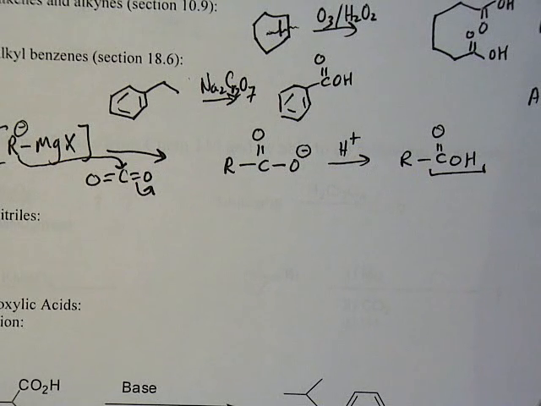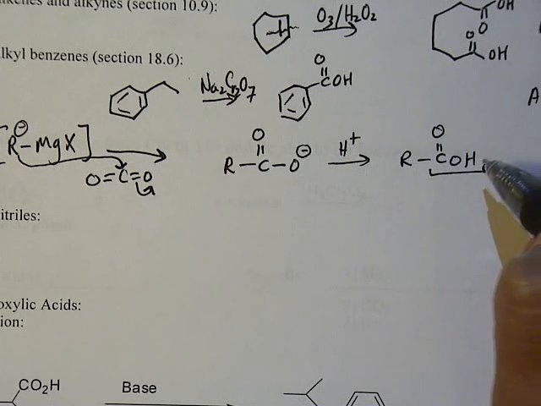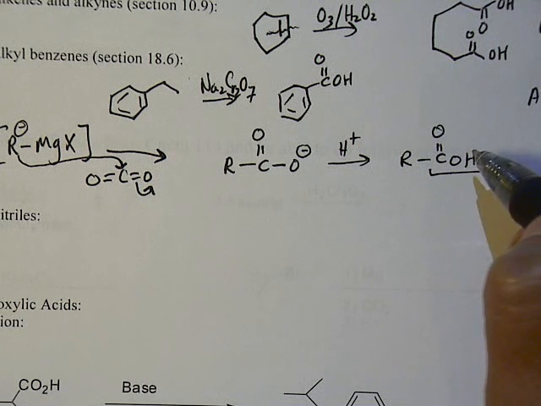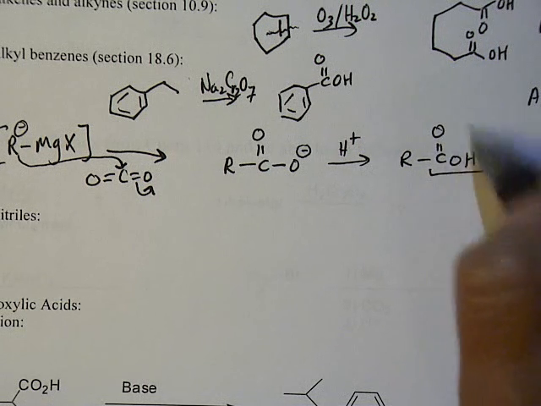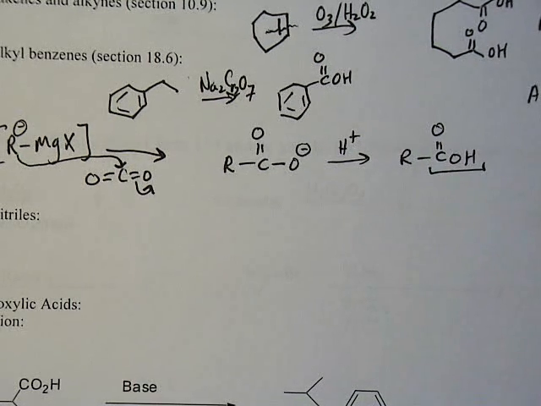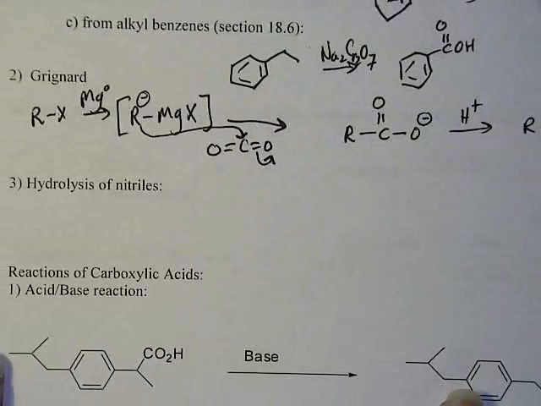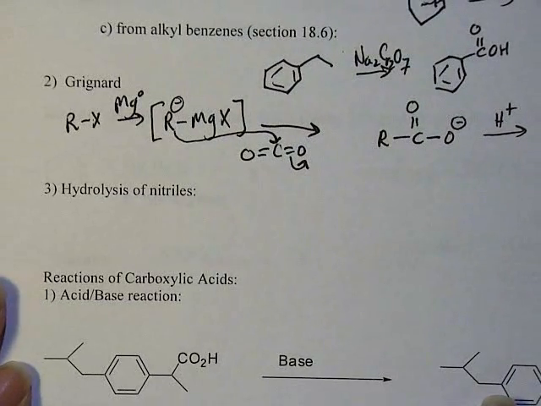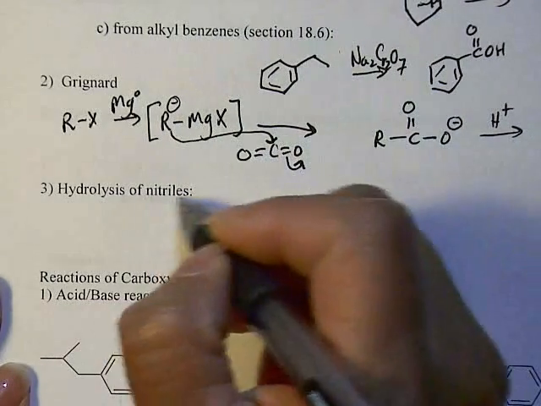All right, so this is a very useful synthetic method, because not only does it make a carbon-carbon bond, it increases the carbon skeleton by one carbon, and it gives you a very useful functional group, which is carboxylic acid.